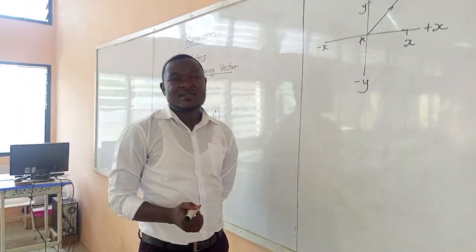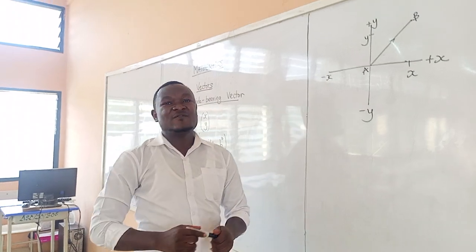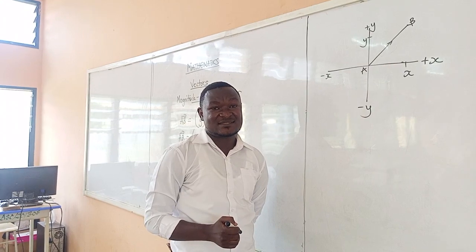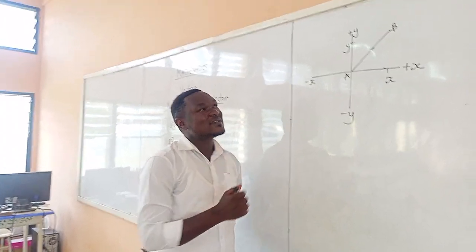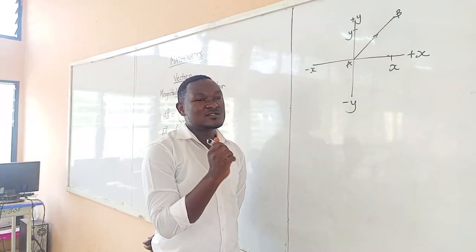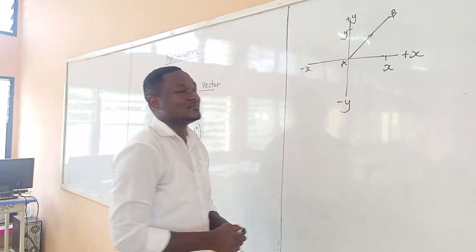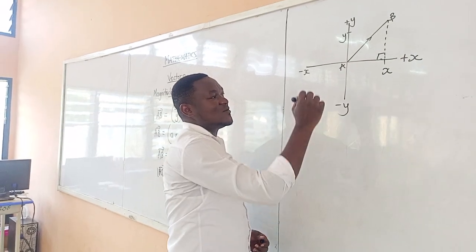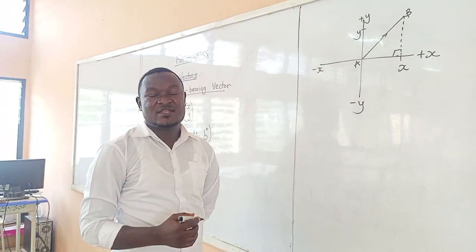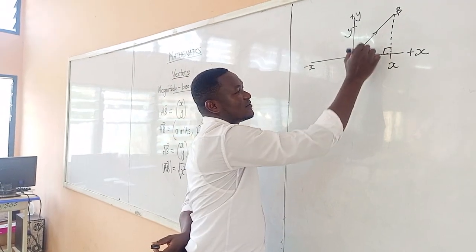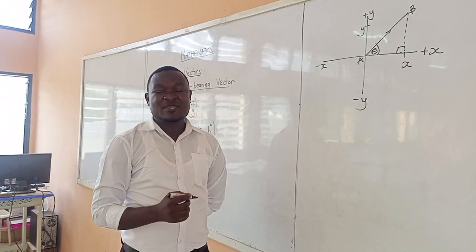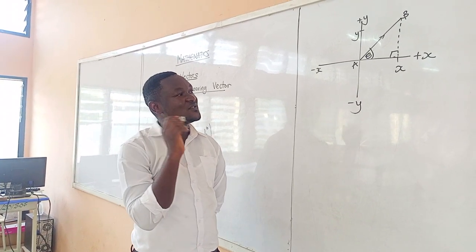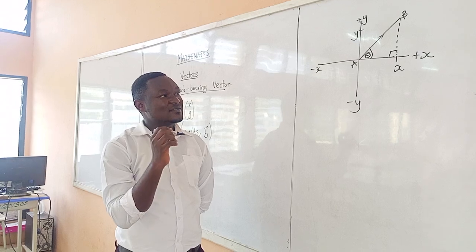Then we have to find the angle the vector AB is making with the x-axis. We can find that by drawing a right angle triangle from the vector. Then we calculate the angle it is making with the x-axis. The angle is calculated by taking a trigonometry ratio, specifically tan.